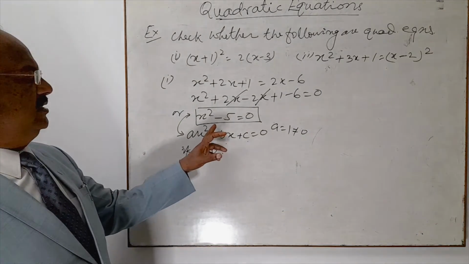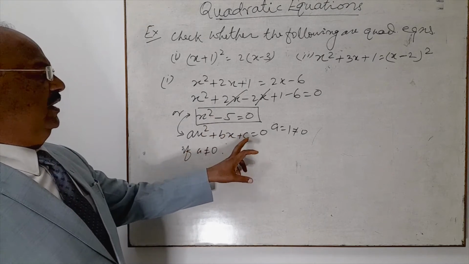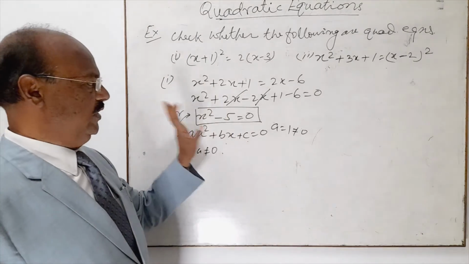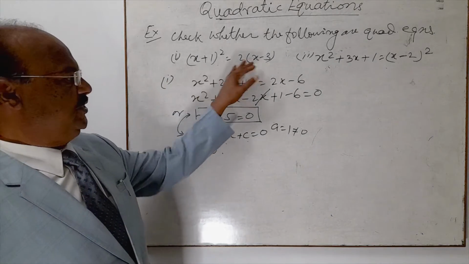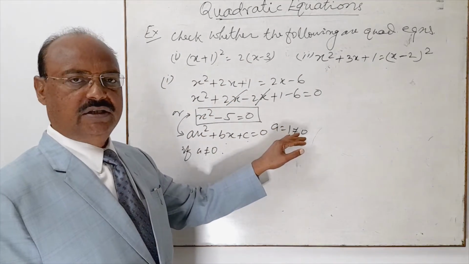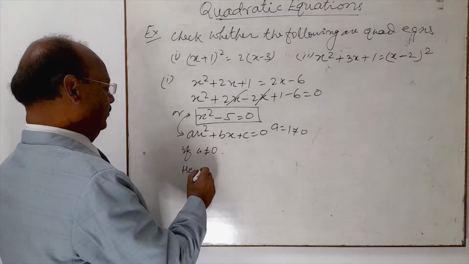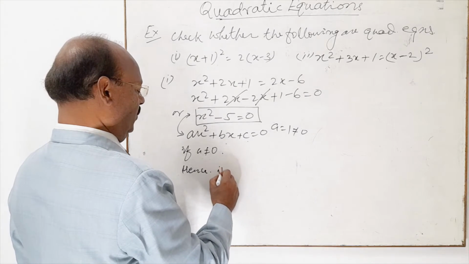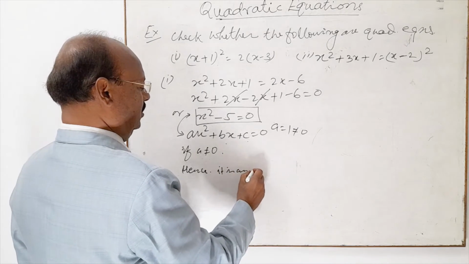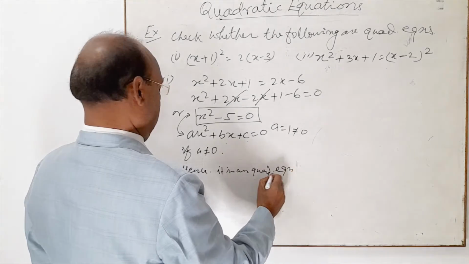There is no term consisting of x, so b is equal to 0 and c is equal to minus 5. So now it is clear that this given expression is a quadratic equation. Hence this given expression is a quadratic equation. This is the answer.